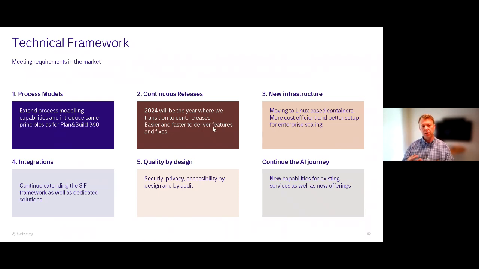We will extend the process modeling capabilities significantly, both moving what we saw for Plan and Build into Public 360, but also introducing new and more intuitive ways of doing process design. We will be going into continuous releases in 2024, and this is important for us, but it's also important for our customers, as this leads to both easier and faster delivery of features and product fixes.